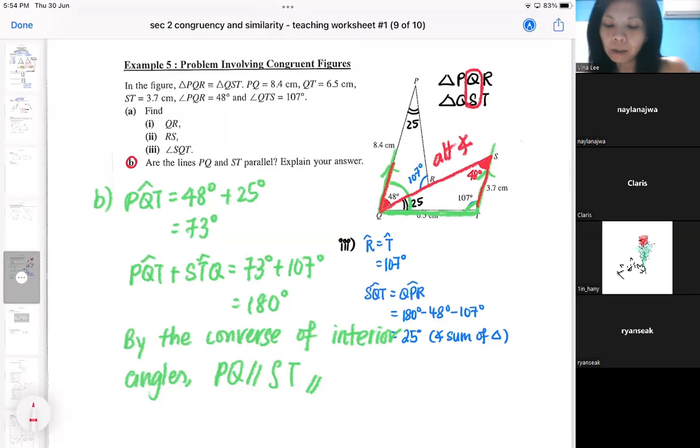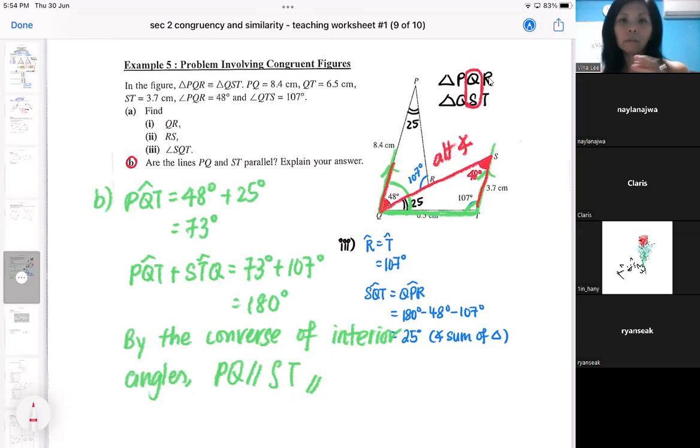The 48 degrees are the same because of congruency, but they also happen to look the same like alternate angles. So that is called the converse of alternate angle, or you can choose the converse of interior angle. In this situation, we got two cases. You can choose either one, but you must mention the words interior angle or alternate angle.